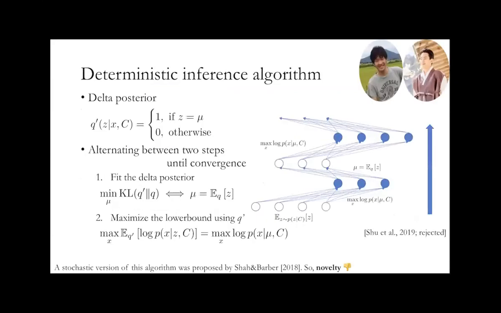So instead, what we did, and this is a paper from 2020 by my PhD students Raphael Shu and Jason Lee at NYU together with me, is called a deterministic inference algorithm. We introduced a notion of the delta posterior, trying to maximize the lower bound approximately in a deterministic way by finding one local solution that maximizes it.